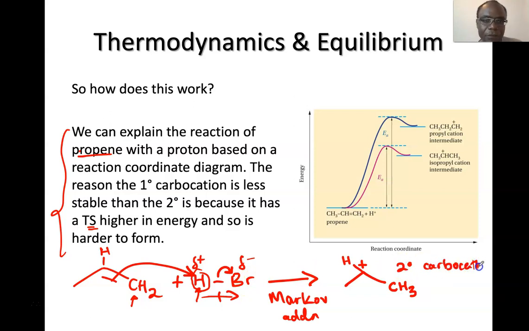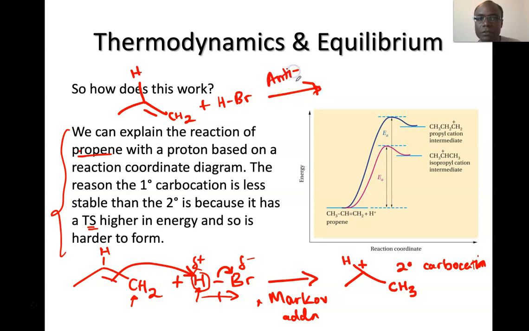Now assume you go anti-Markovnikov addition, where this hydrogen is added on the wrong side. So this is what will happen. If you have propene with a CH2 there, and for whichever reason you forget the rules and go anti-Markovnikov, where the hydrogen of HBr is added where there are fewer hydrogens, let's add this on the other side.